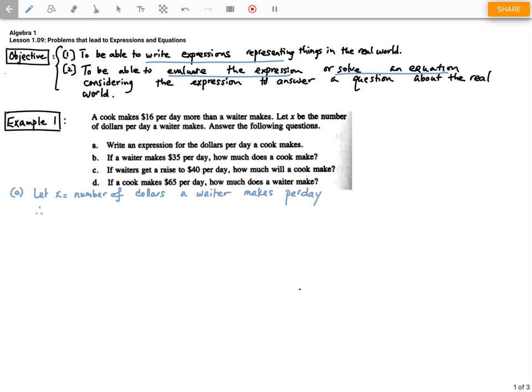Therefore, and we also know a cook makes $16 per day more than a waiter. So if X is the number of dollars a waiter makes per day, a cook makes $16 more than a waiter per day. So that's X plus 16 represents this expression. So that's the answer.